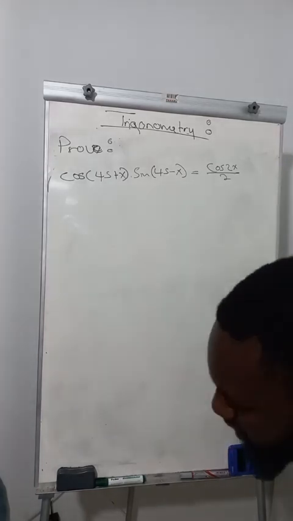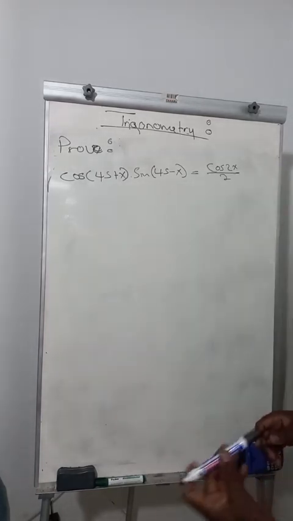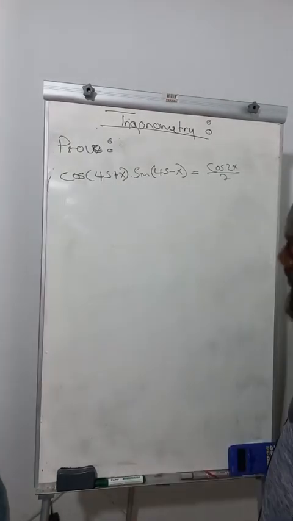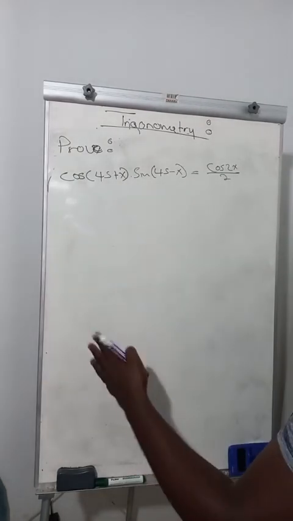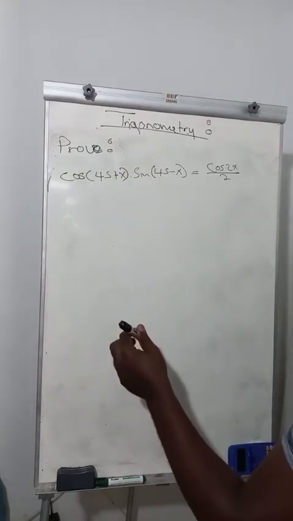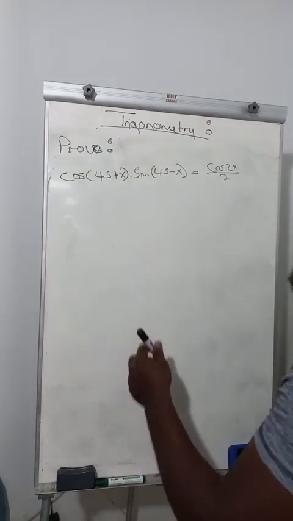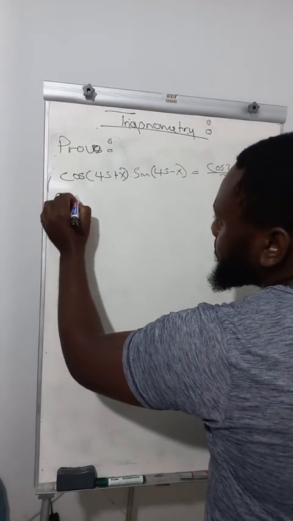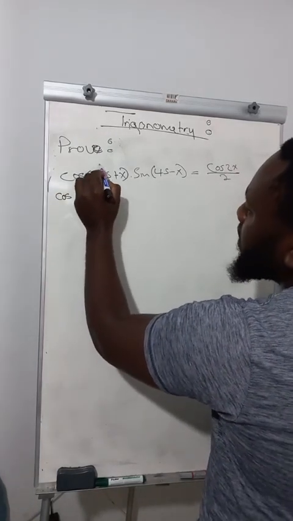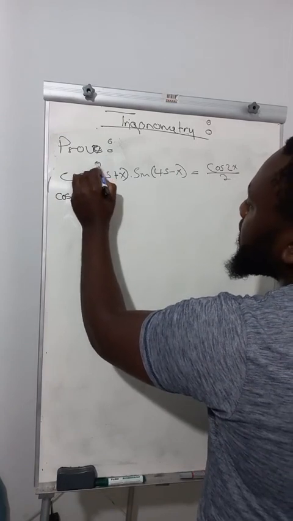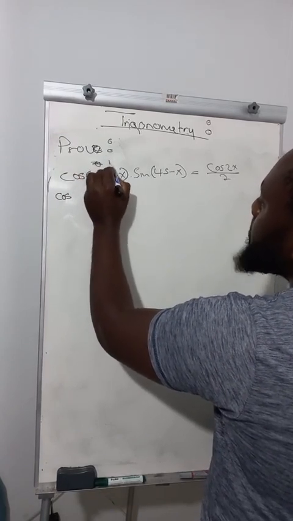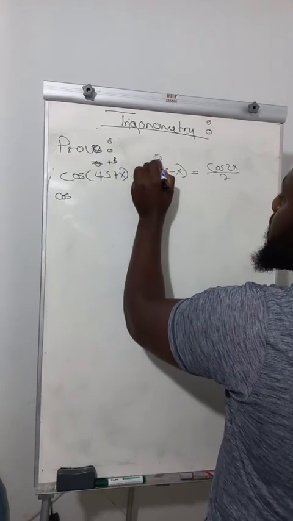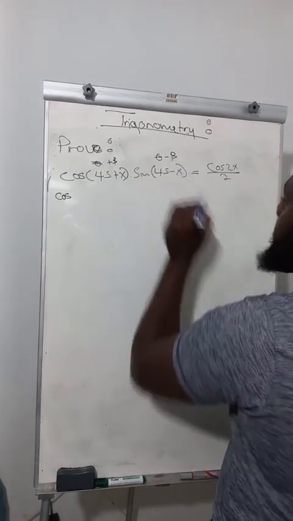What are you seeing here? Do you see that there's a compound formula? I think it says something like cos, and here you're having a theta plus a beta, so this will be a theta minus a beta.